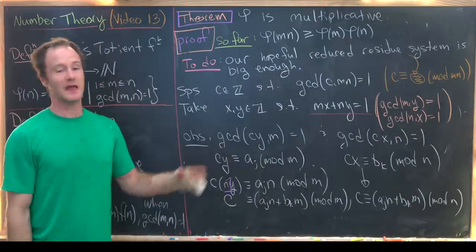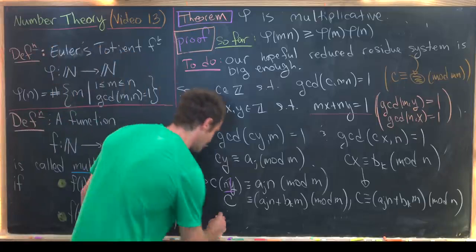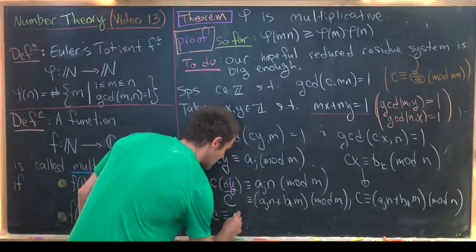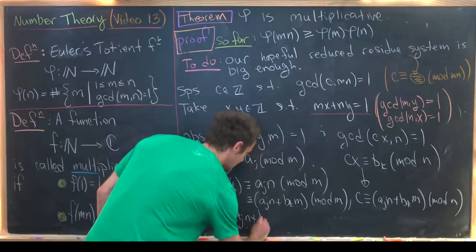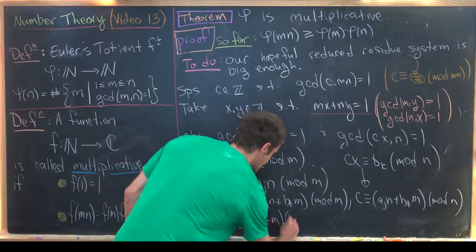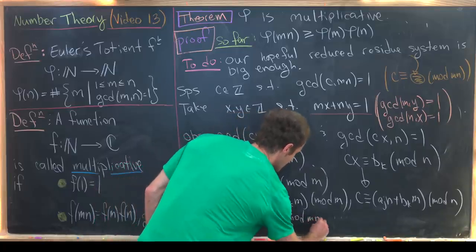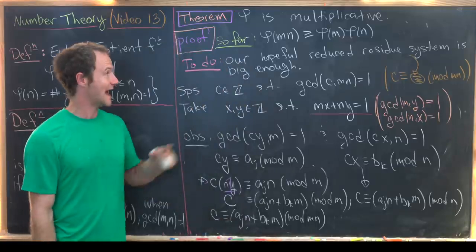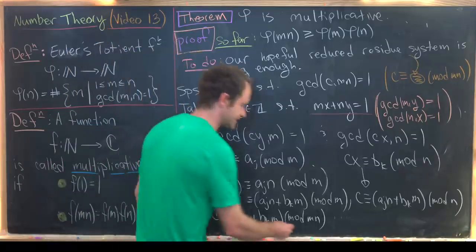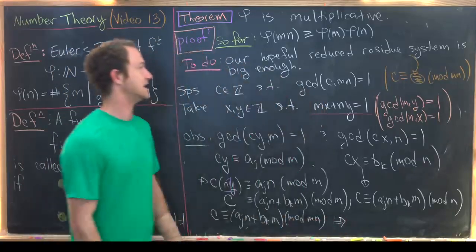But then since m and n are relatively prime, that tells us that c is congruent to a_j n plus b_k m mod mn. But that tells us that our reduced residue system is in fact big enough.